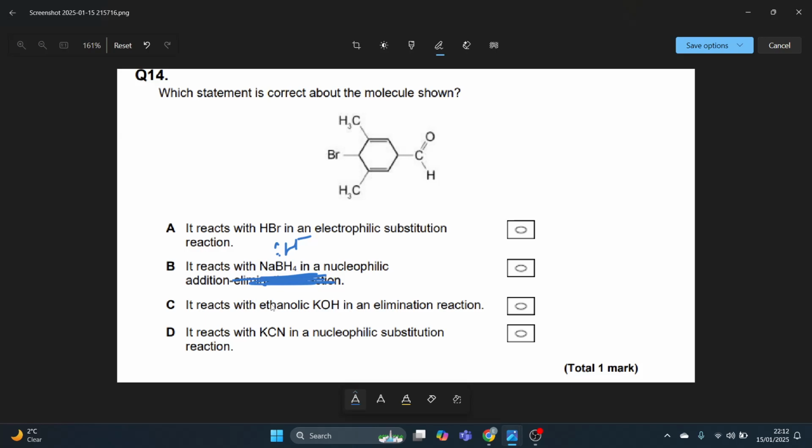So it's not A and B, both of them are wrong. Elimination. The answer is D.